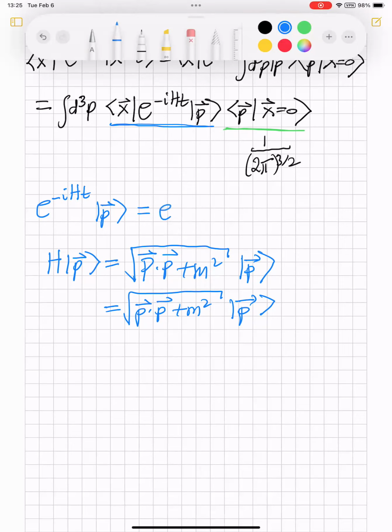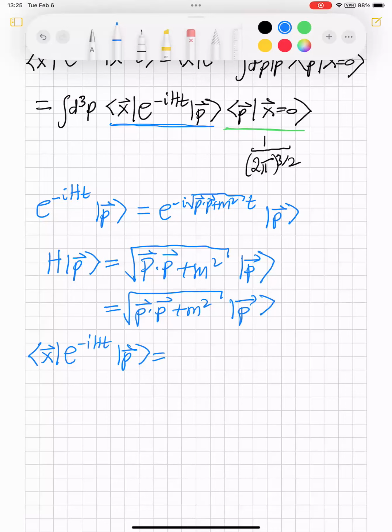So we'll get e to the minus I square root of p dot p plus m squared multiplied by t, and then we still have the eigenket sitting there. Good. Okay, now what do we actually want? We're close, but this is not quite it. We need to take bra x onto e to the minus iht, ket p.